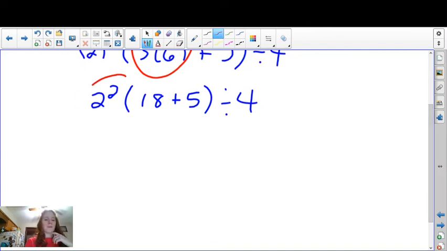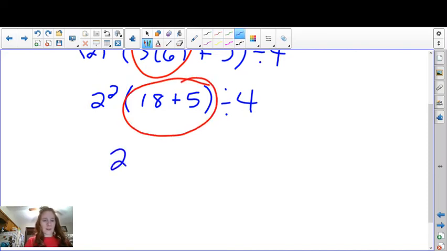Next, I go to my exponents. Back up. I lied. I keep working on the parentheses. So I have 2 squared times, not plus, why am I wanting plus everything? Times 23 divided by 4.